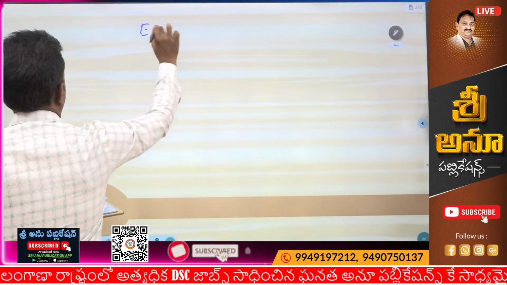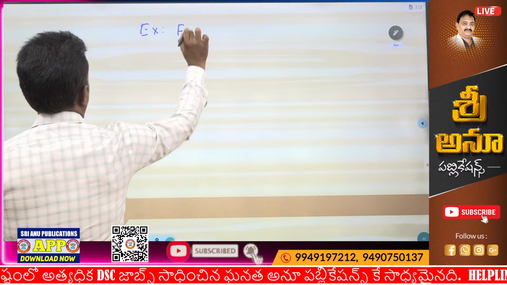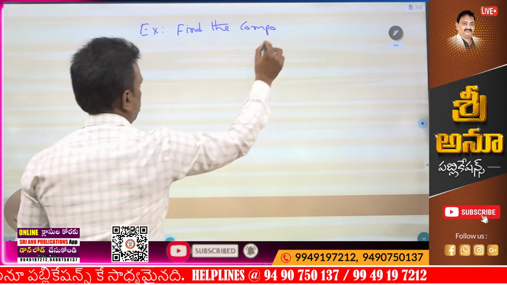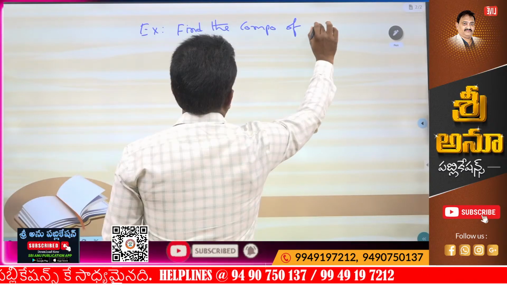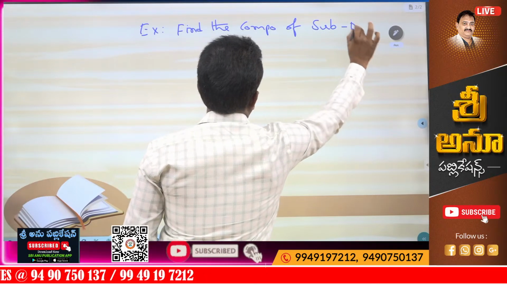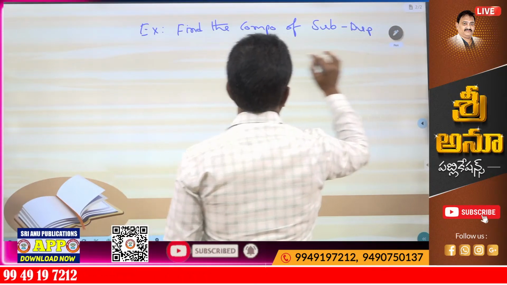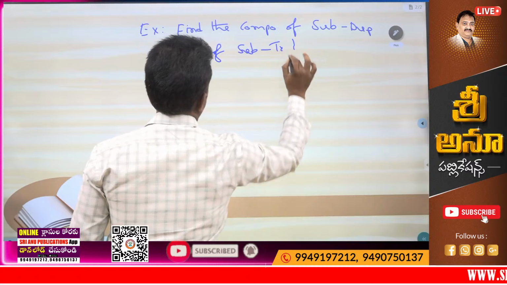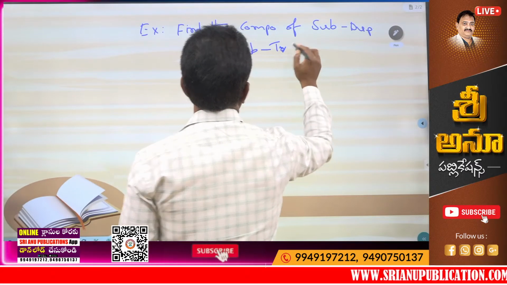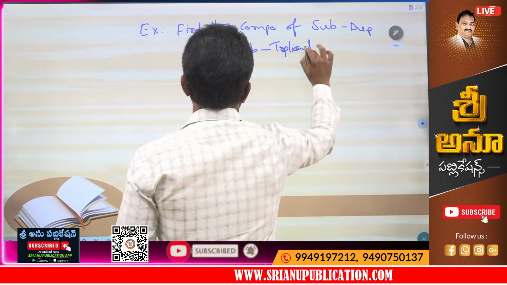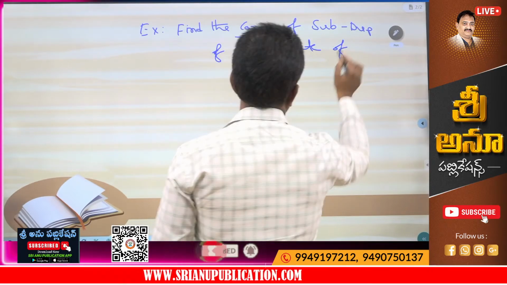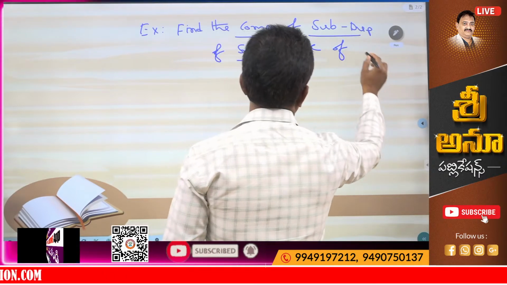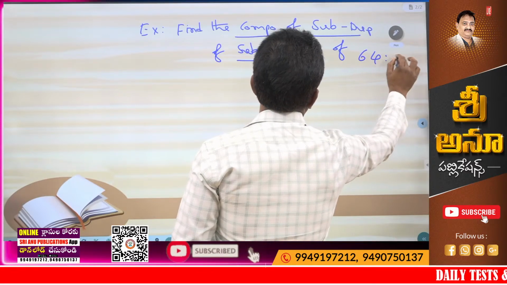Example problem: find the compound ratio of the subduplicate ratio and the subtriplicate ratio of 64 is to 729.